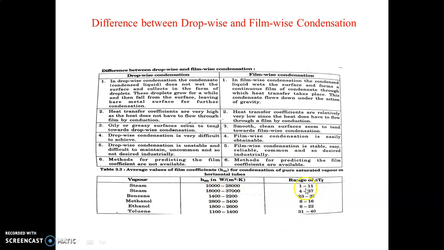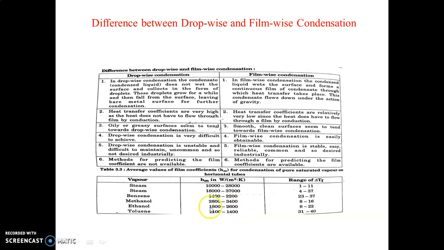So these are the ranges. Delta Tf is nothing but the temperature difference between that saturated vapor and wall. So these are the temperature ranges. So for benzene, it is having value 1,400 to 2,200 in the range of 23 to 37, etc.